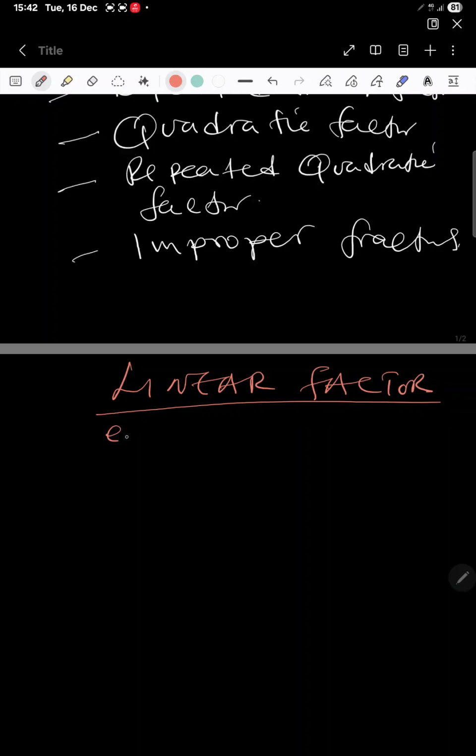For instance, examples of linear fractions can be written like this. Let me use this one: we have 2x plus 4 over x plus 1 and x plus 2.